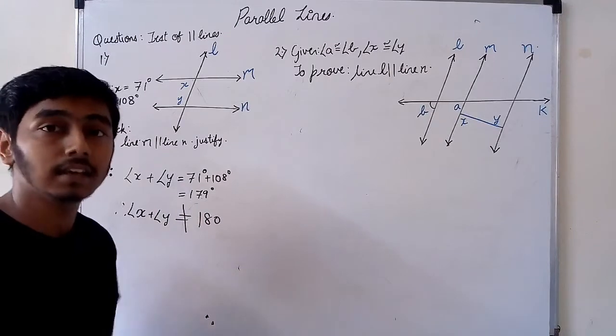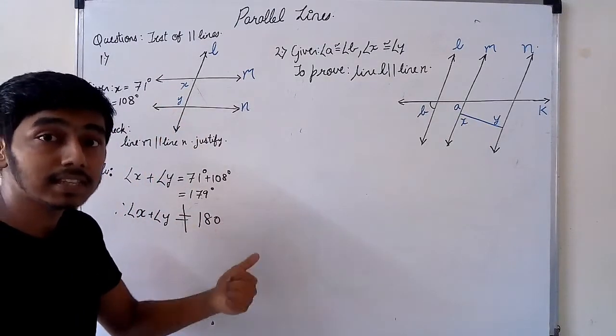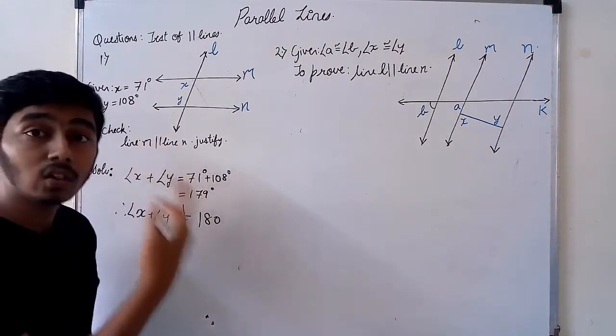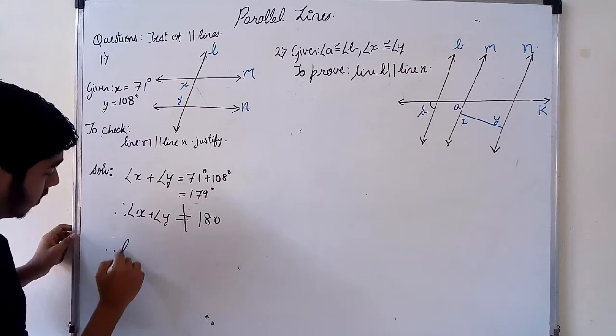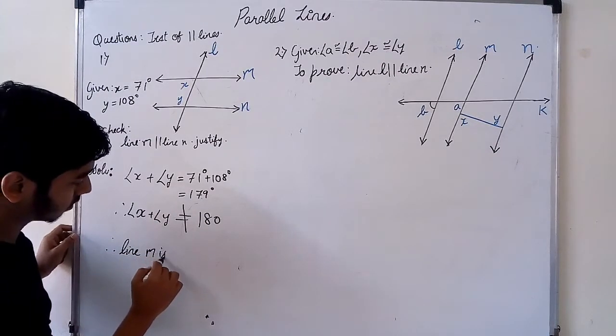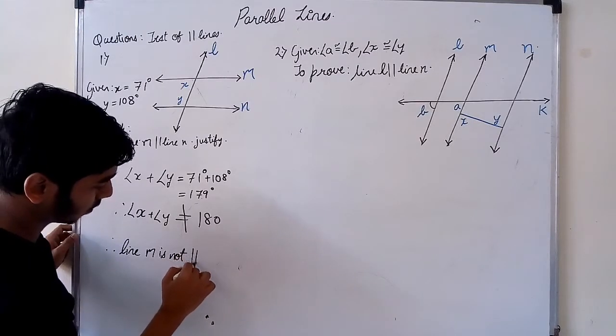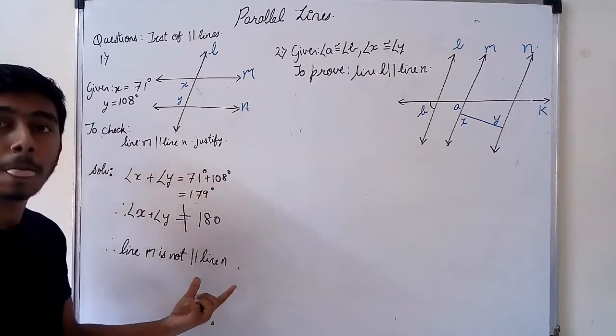Therefore, what can we say? If the interior angles are not supplementary, we can say that the lines are not parallel. Yes or no? Therefore, we'll say line m is not parallel to line n. Why?